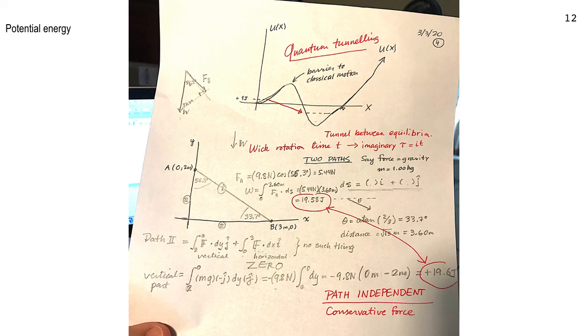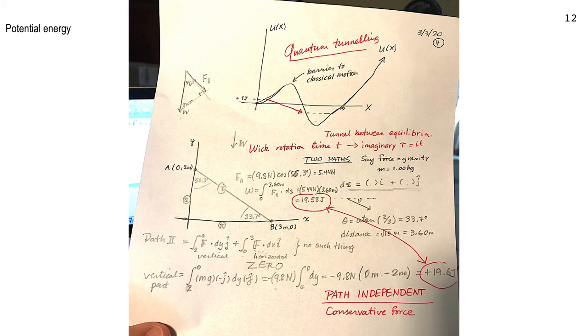ds, the increment, is going to be equal to a little bit times i hat plus a little bit times j hat, because it's on a slant. So the direction is going to be like this. What's this theta here?